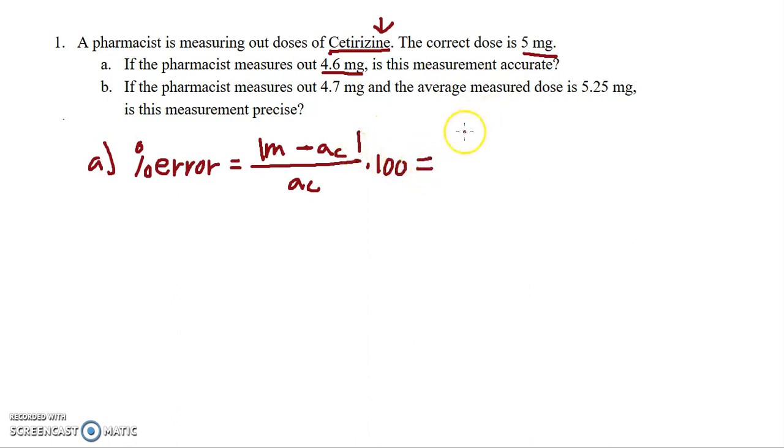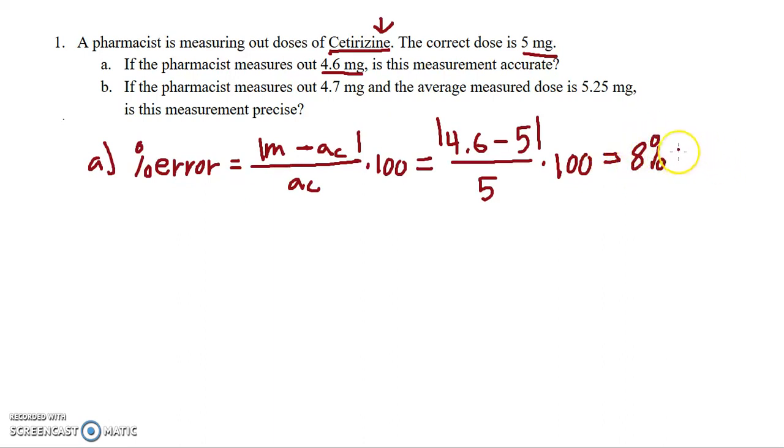So the measured value, it says 4.6 milligrams. The accepted value is 5 milligrams. That's the correct dosage. And then we're going to divide by 5, that's the accepted again, times 100. And with the absolute value bars, that's going to come out to approximately 8%.